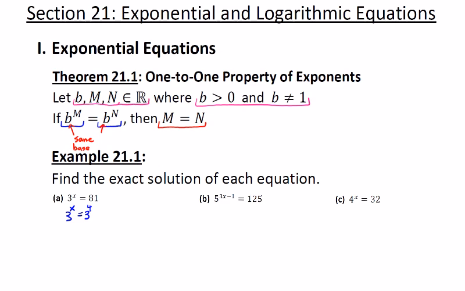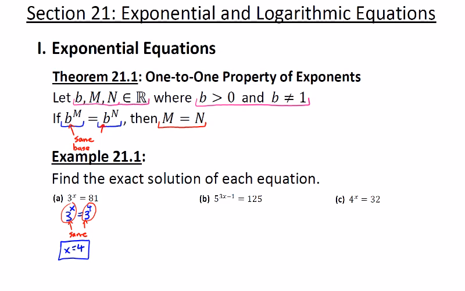So according to the one-to-one property, if I have one exponential statement on the left, one exponential statement on the right, and they have the exact same base, then that means that their exponents have to also be equal to each other. So therefore, x would have to be equal to 4. And just like that, you have solved the equation. So you don't really have to do anything with the logarithm here if you understand how to rewrite 81 so that way it has the exact same base as what you have on the left-hand side.